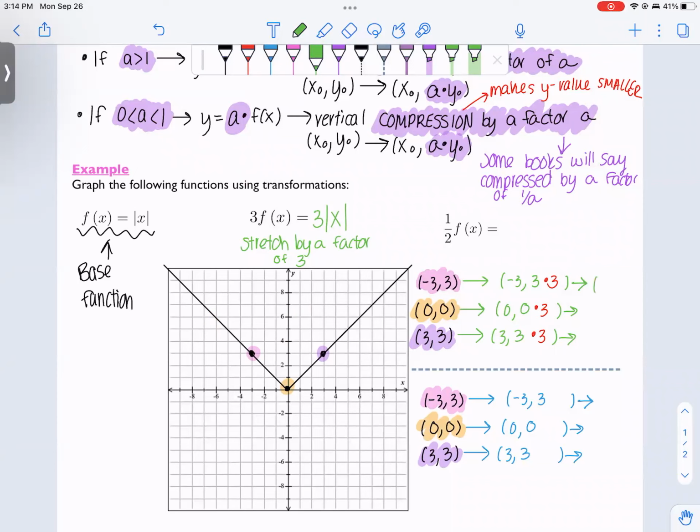This becomes -3, 9, 0, 0, and 3, 9. So 0, 0, this guy just stays in the same place.